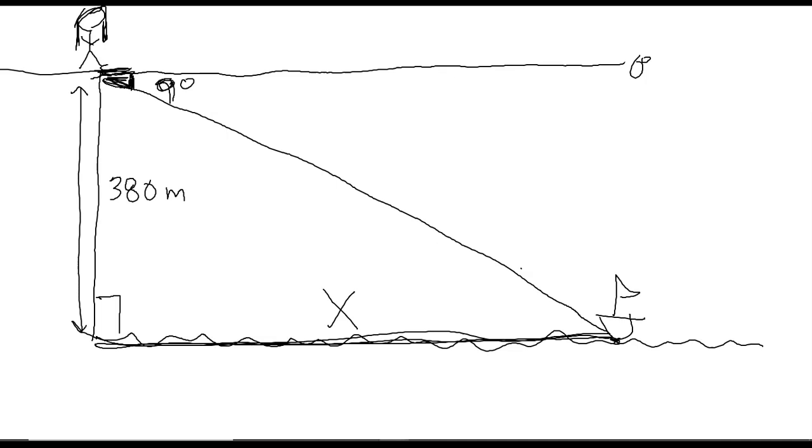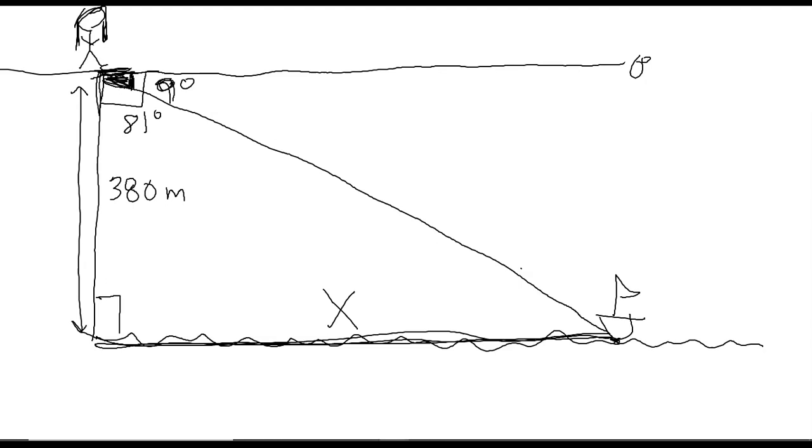And so we can go a couple of ways with this. Now, we're making the assumption that this is a right angle. So if this is a right angle and this little part here is 9 degrees, then the remainder of this angle, this one, is 81, right? 90 minus 9 is 81.